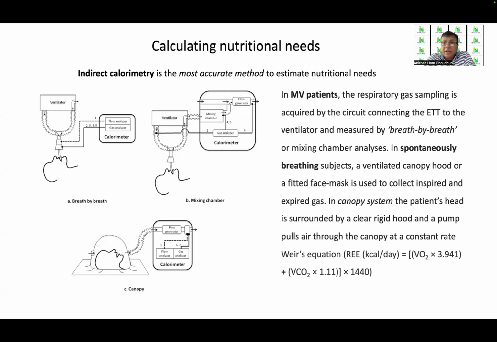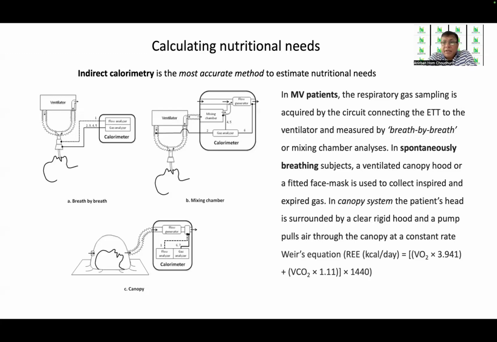Why so? Because the patient has to be placed in an insulated room, and the change in temperature of the patient's body because of the metabolic process should be absorbed by a known volume of water, and the temperature change in that known volume of water is used to calculate the total energy.